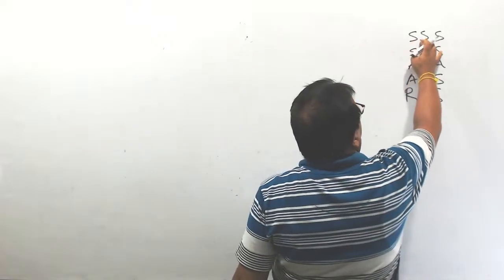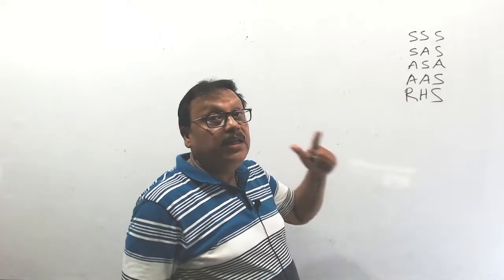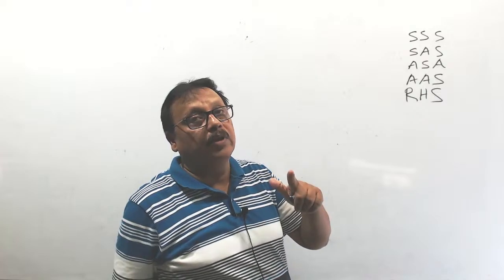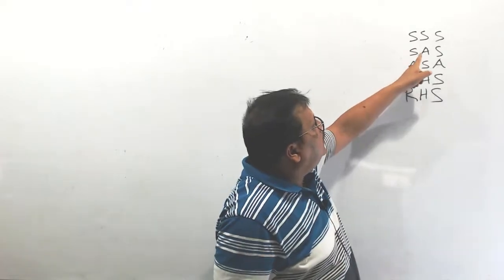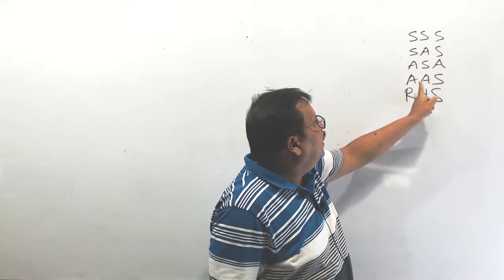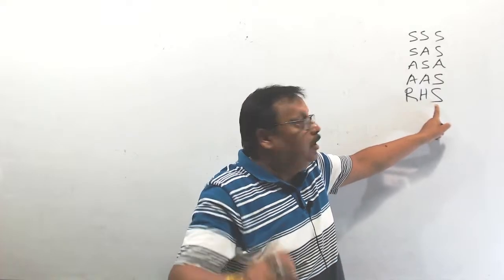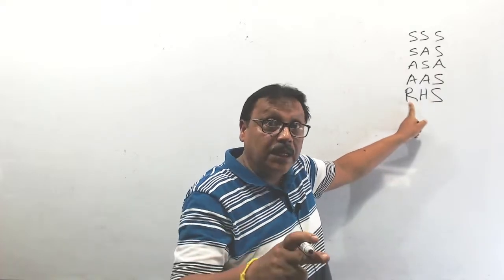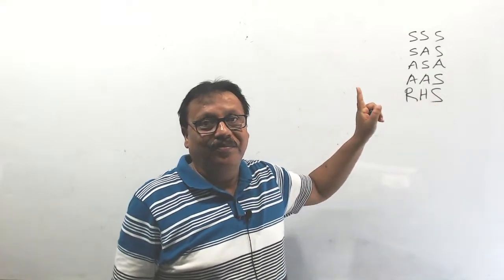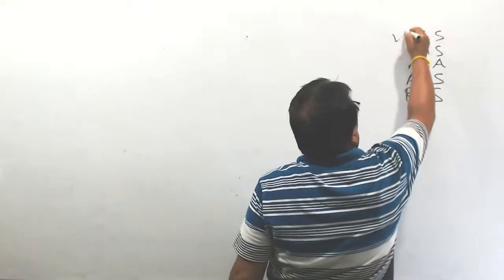These are side: that is, if 3 sides are equal for two triangles, then the triangles will be congruent. I am coming to the details. Side, angle, side. Angle, side, angle. Angle, angle, side. Is RHS right hand side? No. Right means right angle, hypotenuse, and any side. Understood? Okay.